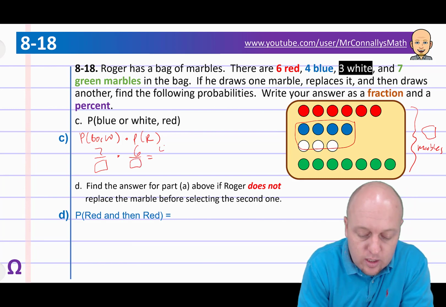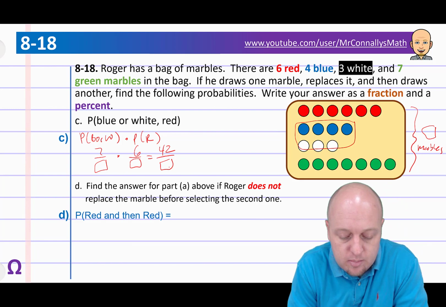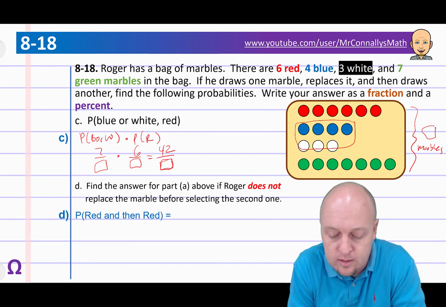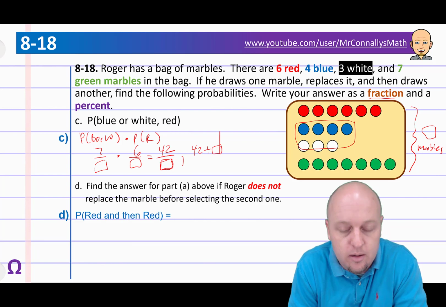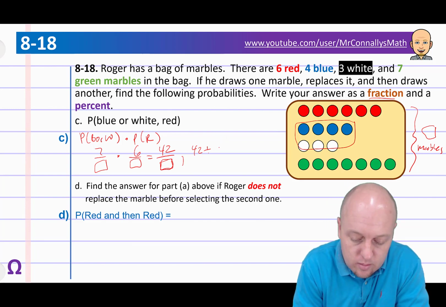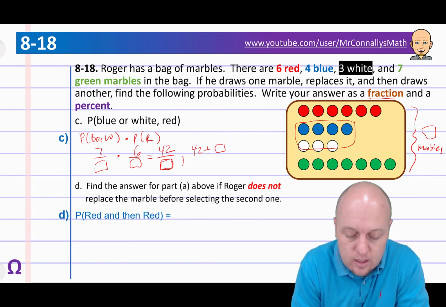And that gives us 42. And the box times the box will be down here. That's our probability as a fraction. Now to turn it into a percent, we take 42, divide it by the denominator, and then we multiply that answer by 100, and that'll equal the percent.